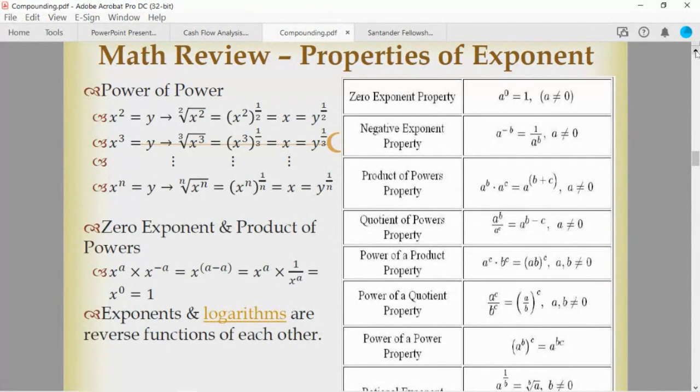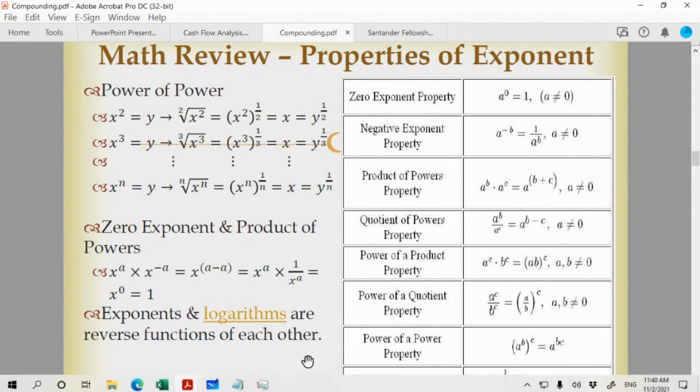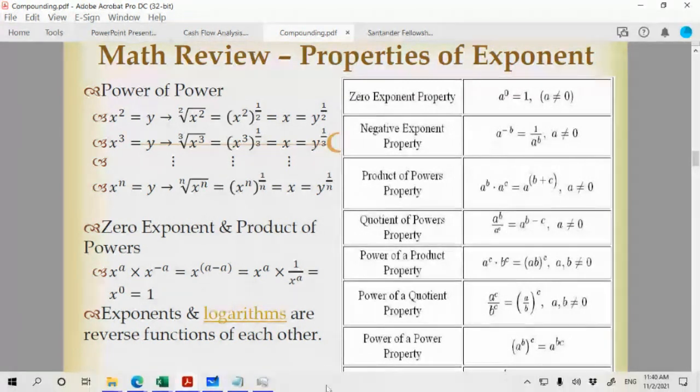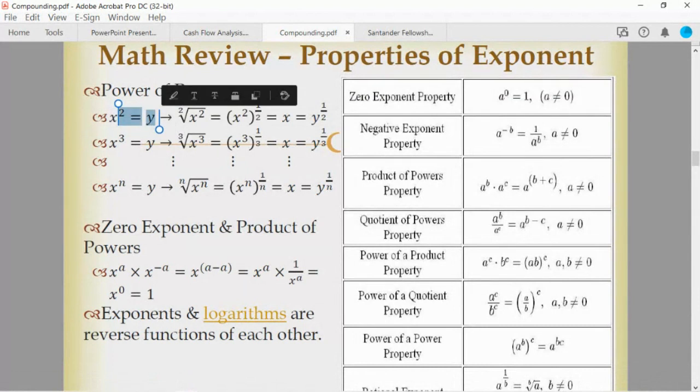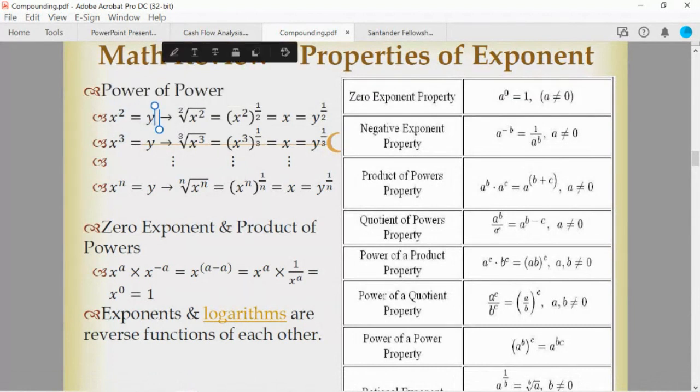So everyone knows that x squared can be turned into x by taking the square root. Okay, so if x squared is y, let me just do it.